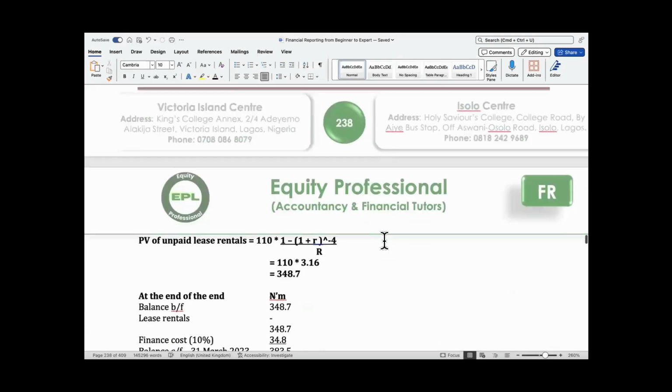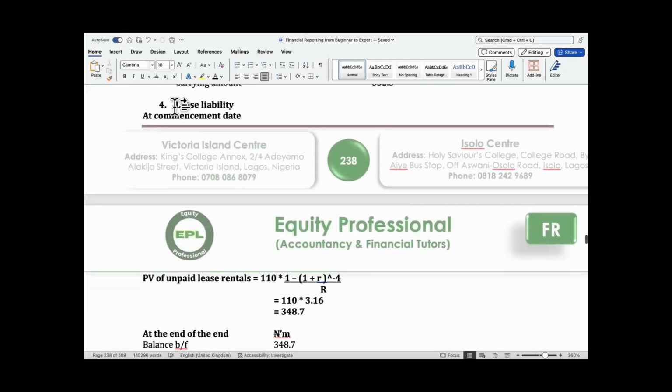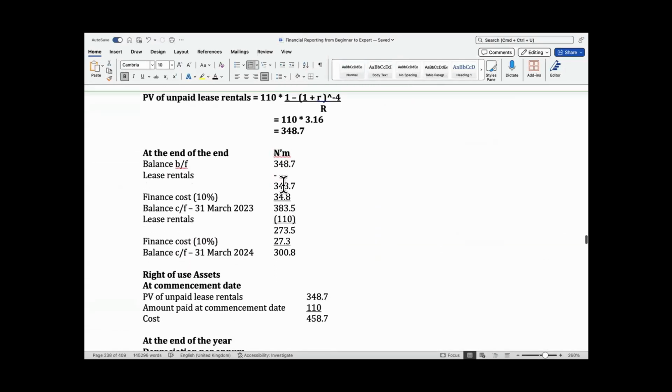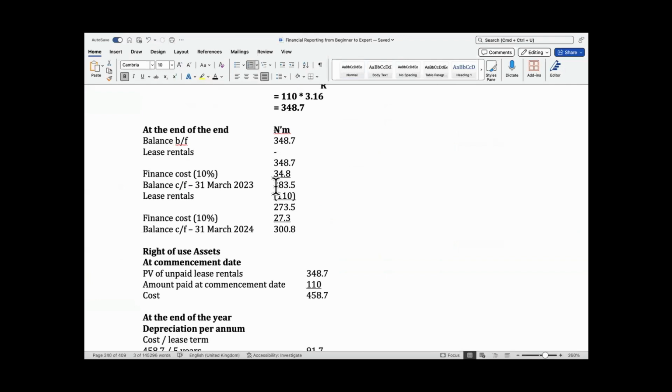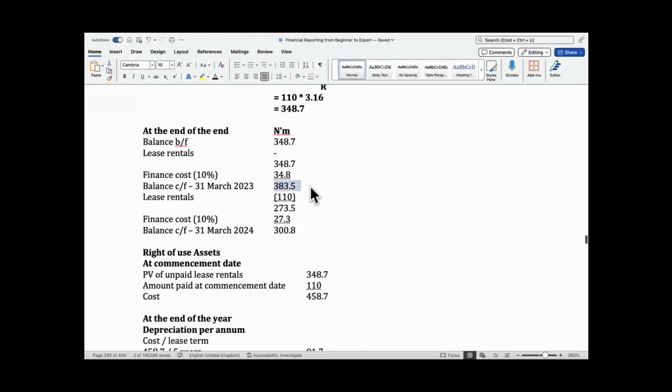So aside those two, for my trial balance, I can't see any item that goes there as non-current. The only item that should go as non-current should be my lease liability, right? And my lease liability at the end of the year is 383. However, from what I taught you in class, because some of these amounts will be paid next year, we will need to split this 383.5 into current and non-current.